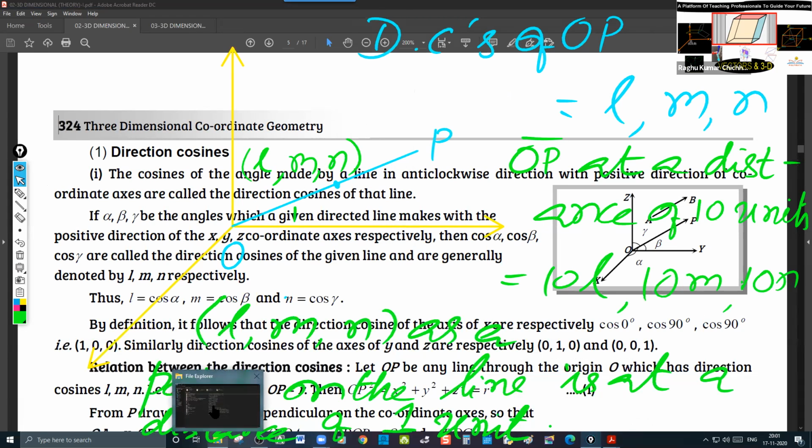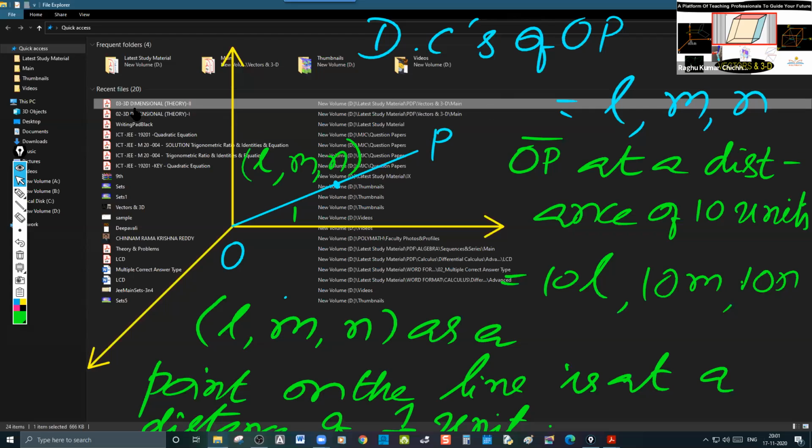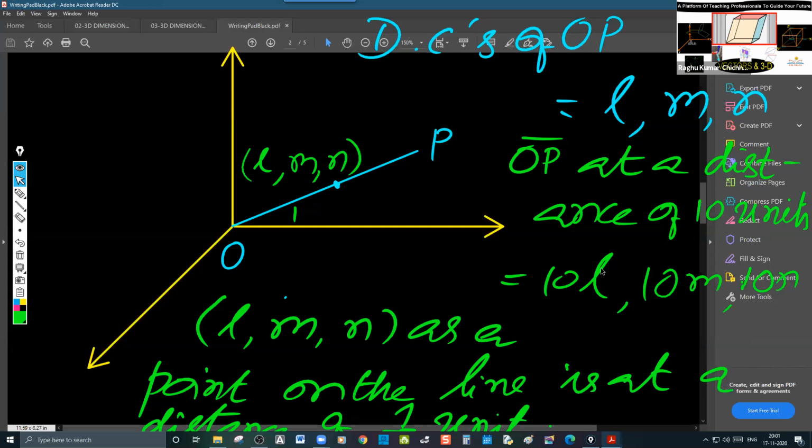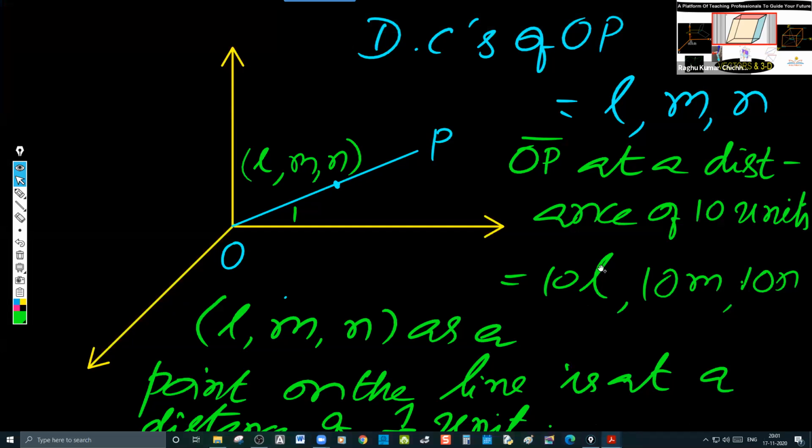The DCs, direction cosines: if a line makes an angle alpha with the x-axis, beta with the y-axis and gamma with the z-axis, cos alpha, cos beta, cos gamma are said to be direction cosines, and they are denoted by l, m, n. So cos alpha is x by root over x square plus y square plus z square, if P is (x, y, z). Similarly, cos beta and cos gamma can also be understood.